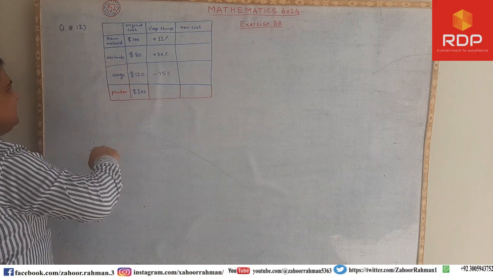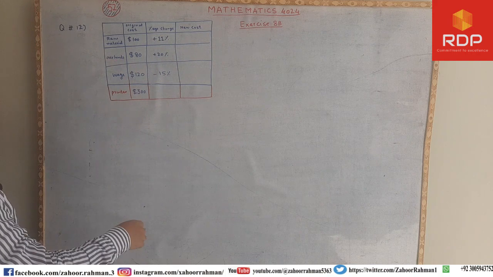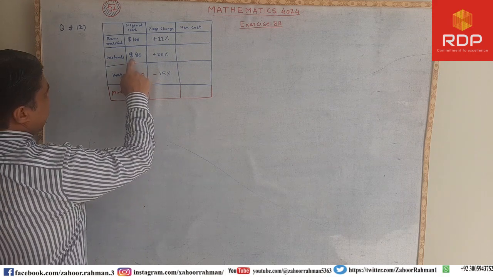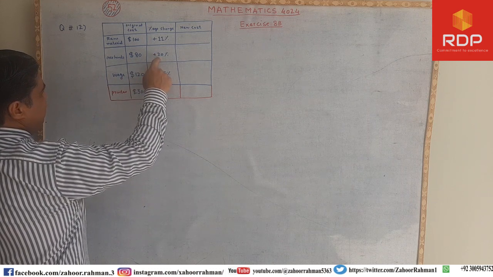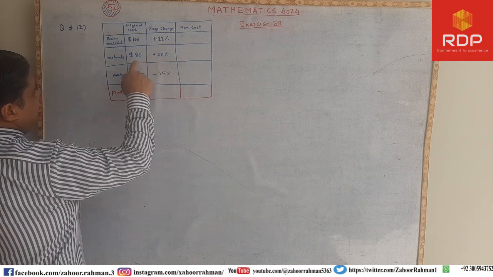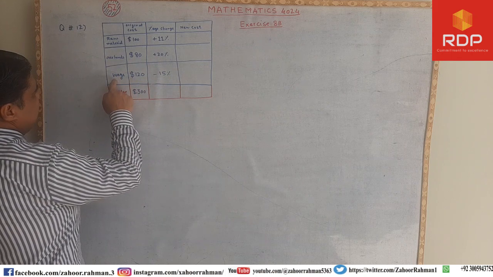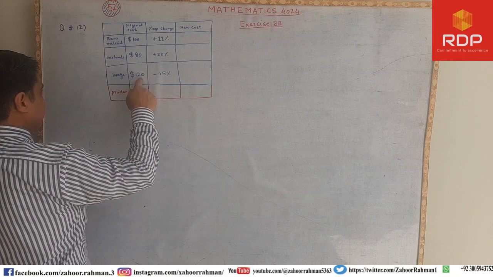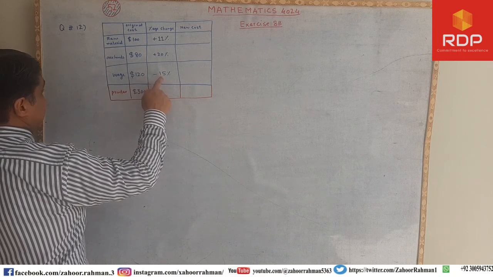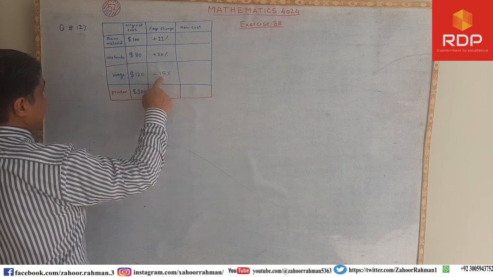Similarly, the overheads' original cost is $80 and it is increased by 20%. Similarly, the wages' original cost is $120 and it is decreased by 15%.